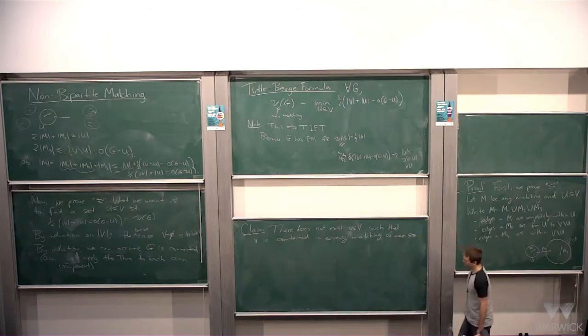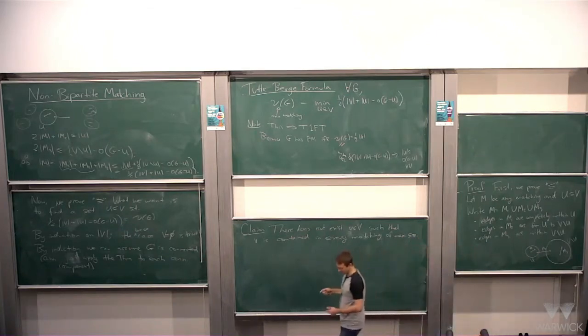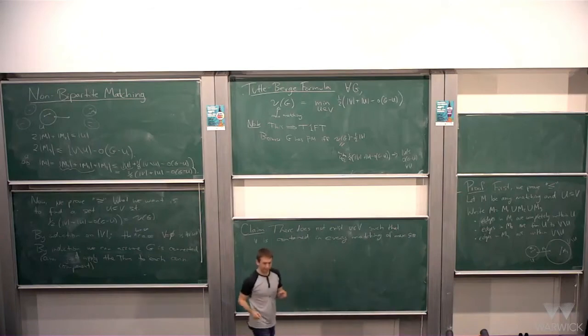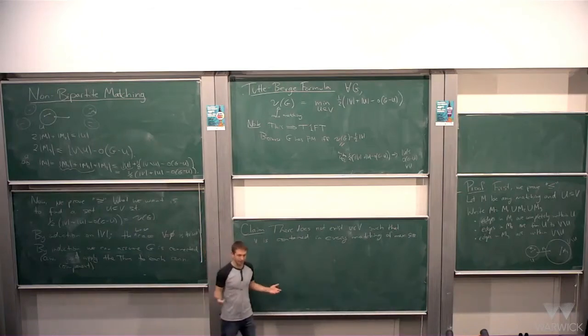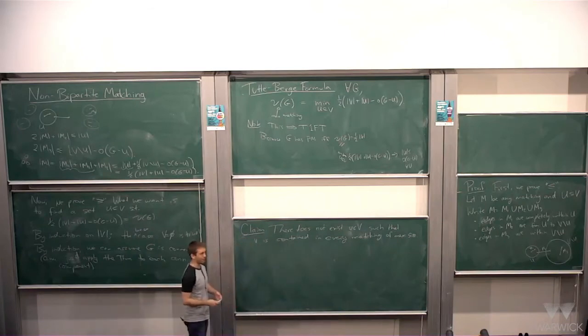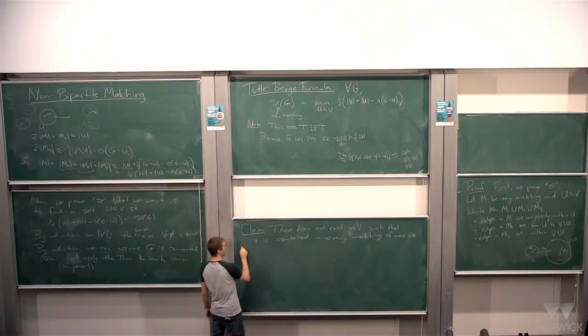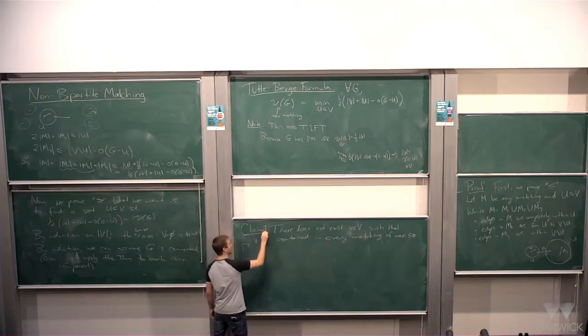Actually, when I say there doesn't exist such a thing, what I mean is if there did exist such a vertex, then we'll be done. Because if there did exist one, what I want to prove now is that then we would be done. And I'm going to call this claim 1.